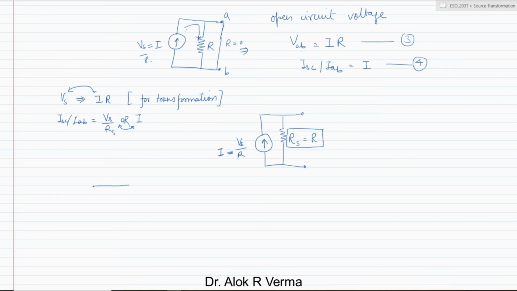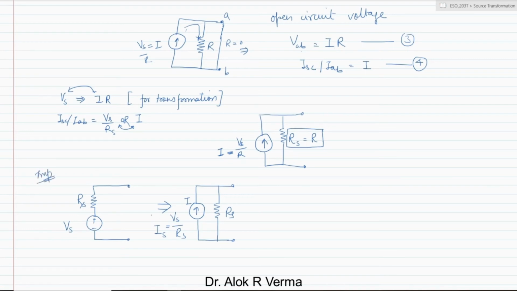We have this voltage source, which is transformed into a current source. So this is Vs, this is Rs. This Rs should be equal to this Rs, and the current should be Vs by Rs. This is Is.